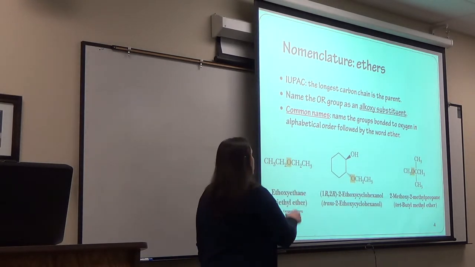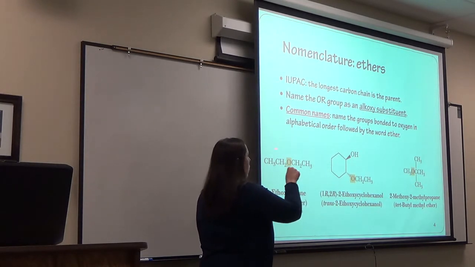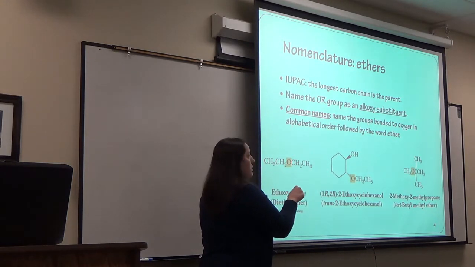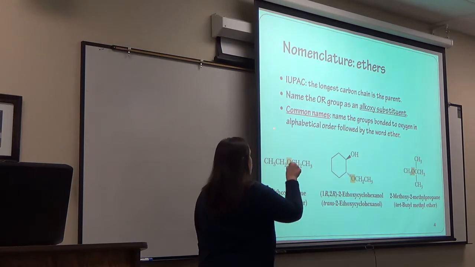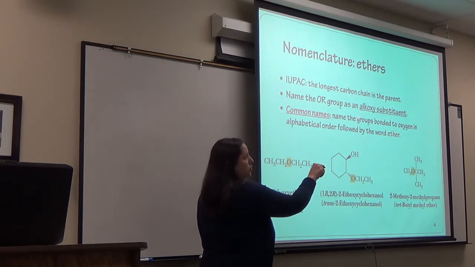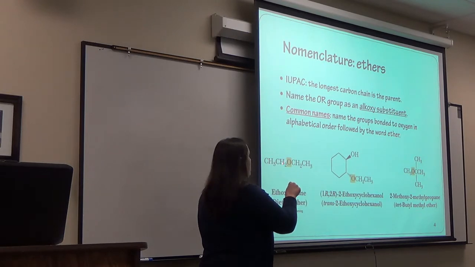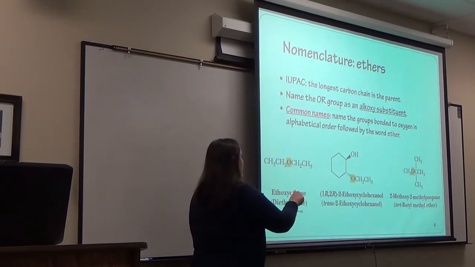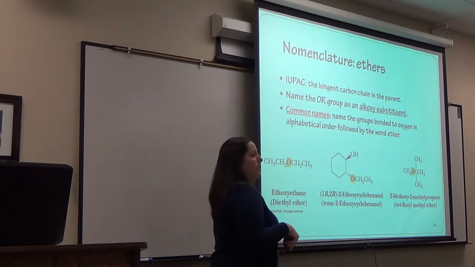What you want to do is decide which side is the longest or bigger of the two. Of course, in the first example, they're the same, ethyls. So you just choose one side and call it the alkoxy substituent. This would be two carbons, so you would say ethoxy. Then you make the other side the parent chain, which would be ethane, two carbons as well. So ethoxyethane is the IUPAC name.